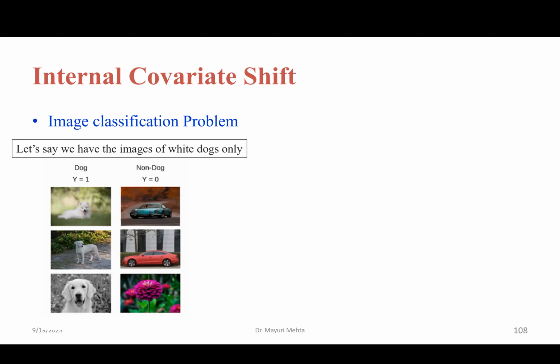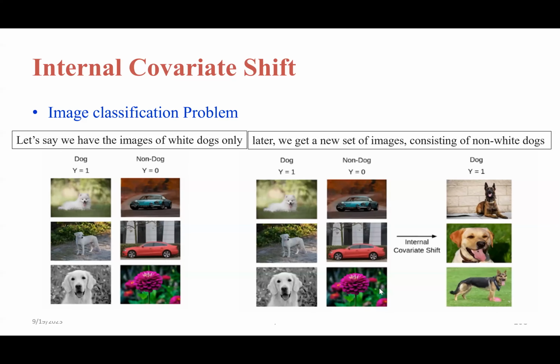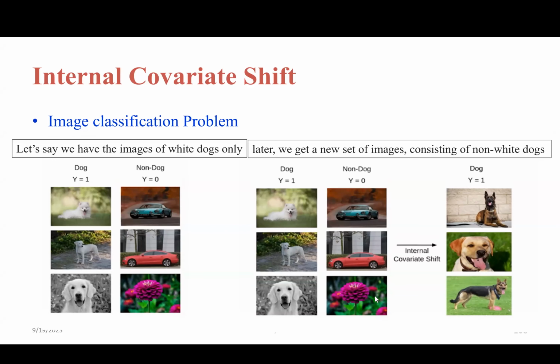Now, once we have trained our neural network model with this data, you can see that it is only white colored dogs. What happens if we get a new set of images consisting of non-white dogs?